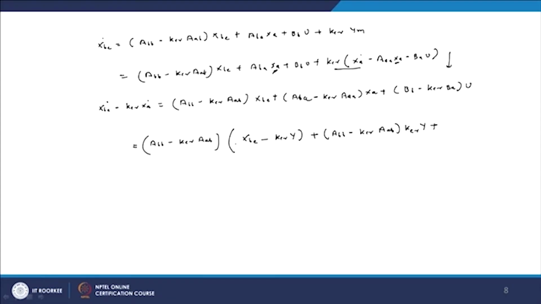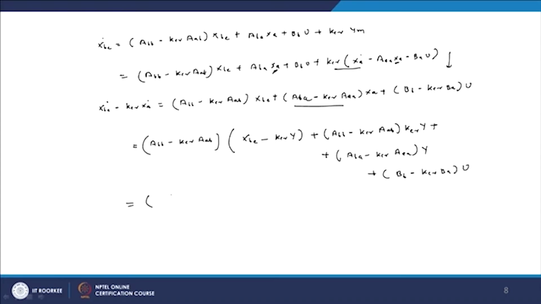So, this equation is this part, and now for this KER minus AB we have to write an additional term, minus KER into Y, and now this term needs to be nullified. Therefore, here what we write is ABB minus KER into AB plus KER into Y, plus ABA minus KER into AAA into Y, plus BB minus KER into BA into U. Now, this equation needs to be simplified.